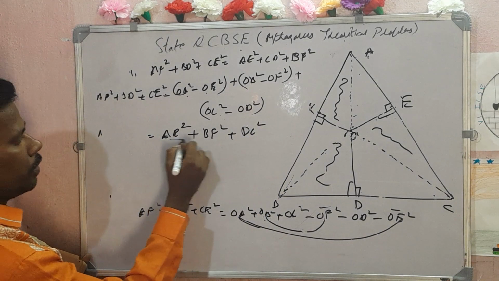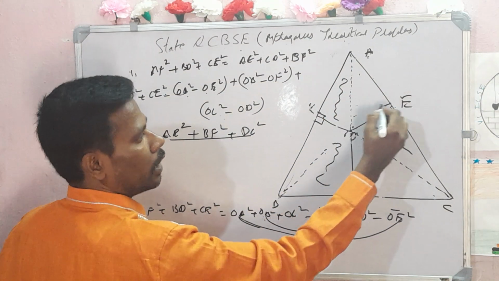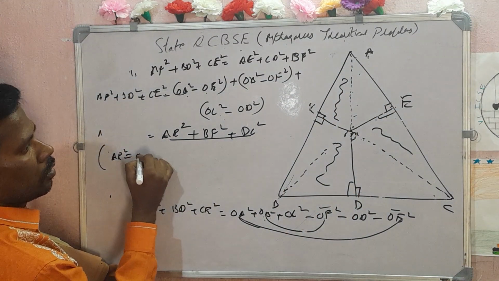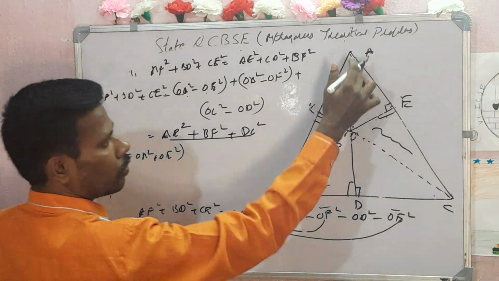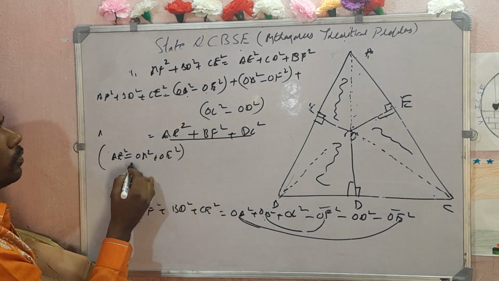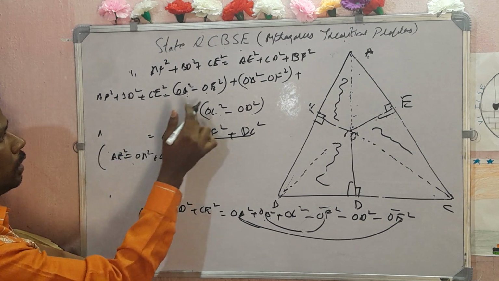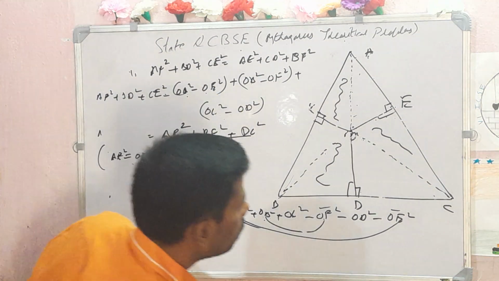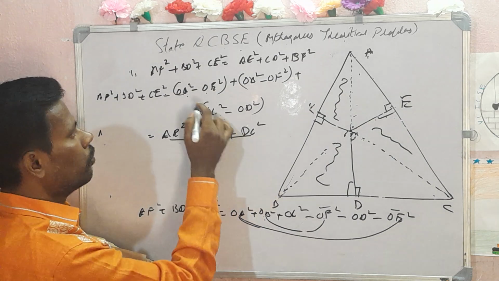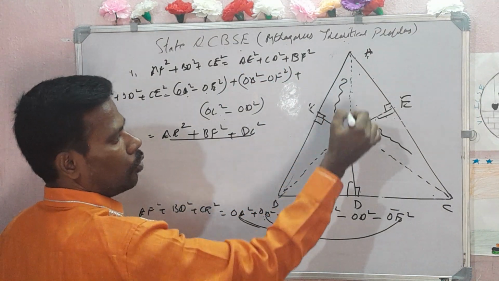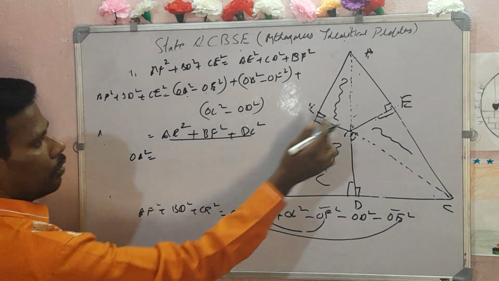So how we are writing this step: for this triangle, this is the hypotenuse.